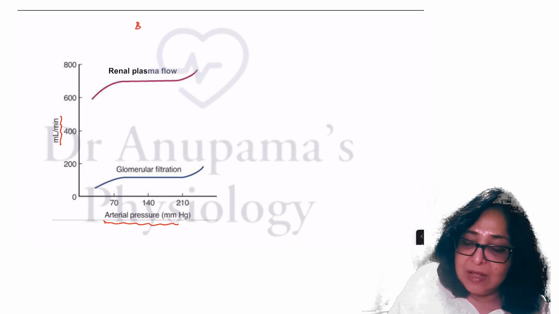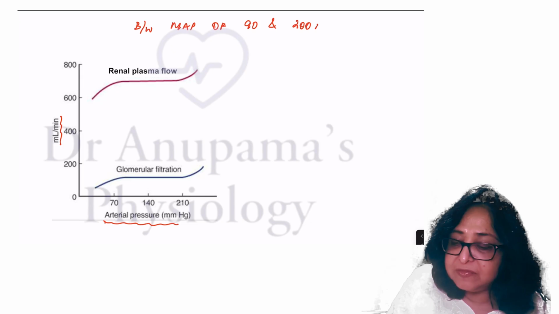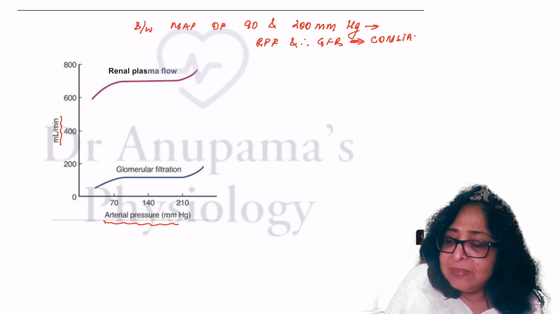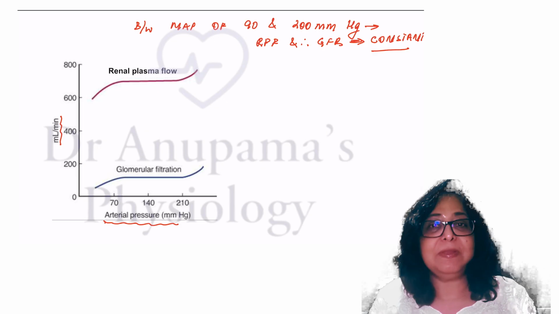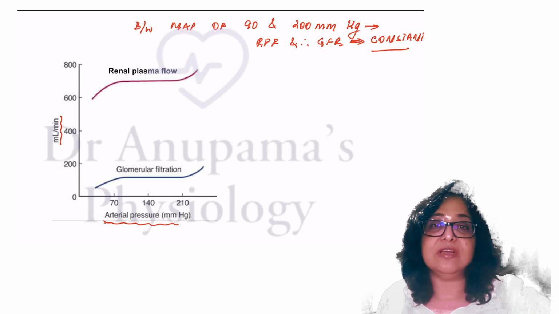Between a mean arterial pressure of 90 and 200 millimeters of mercury, the renal plasma flow and therefore the GFR are constant. Extremely important to understand. That means during the day there are variations in blood pressure, but this is not going to affect either the renal plasma flow or the GFR.